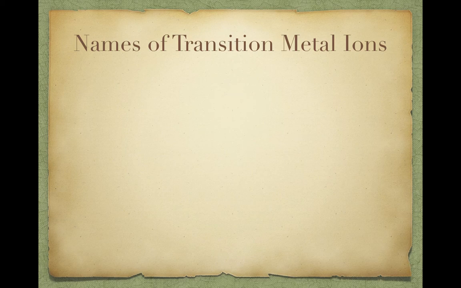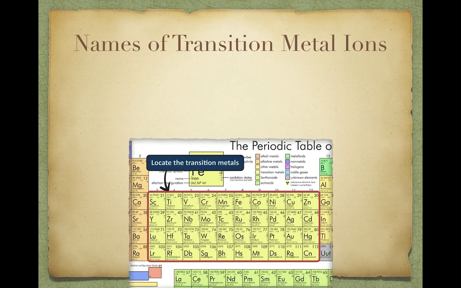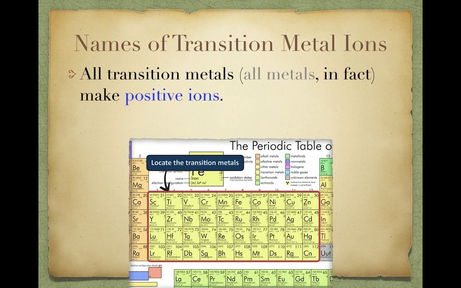Transition metals are always problems, and remember, transition metals are metals in groups 3 through 12. Remember that from the last video? And all transition metals, all metals in fact, make positive ions.